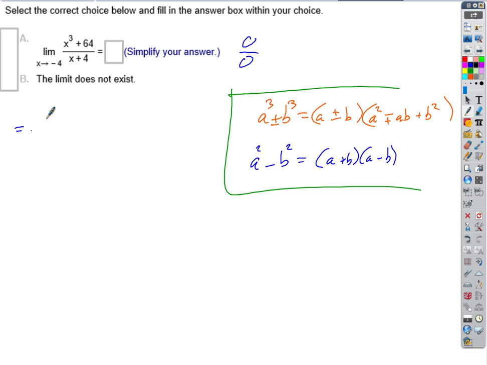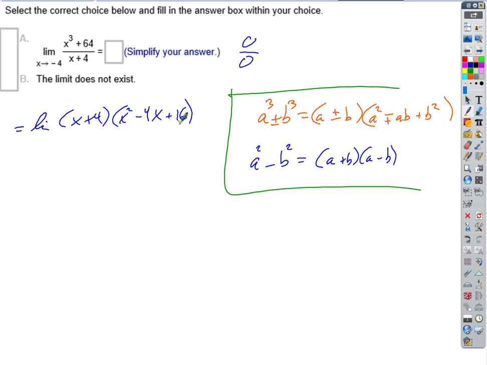So this would equal the limit of x plus 4 times what? So a is x, b is 4, right? I've got a cubed plus b cubed. So x squared, 4x. Everybody see that?